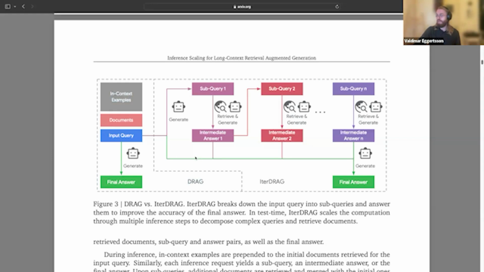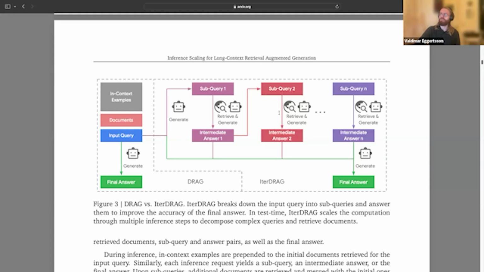But then the iterative one has a loop where you can ask 5 times, or they have n times. It depends on how many tokens you want to spend. But then you break the question down into subqueries. So yeah, which movie won the Academy Awards in 2003 for best film? And you get that answer, you know it's Return of the King.